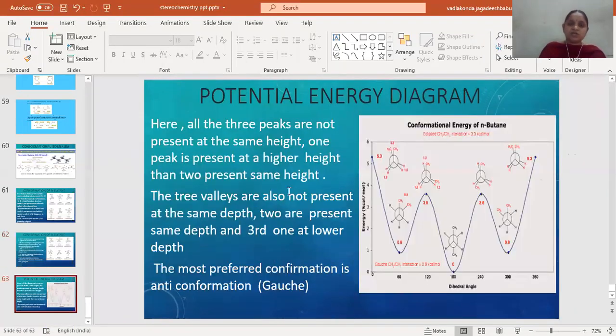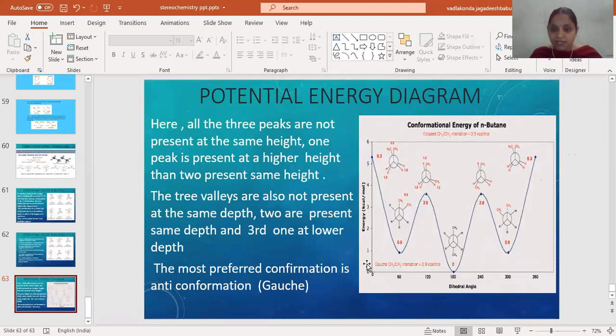Now coming to the energy diagram of the conformational isomers of n-butane, we have a total of 6 isomers. The first and seventh ones are the same. The first one is the eclipsed form, where the two front and back carbon groups are at 0 degree angle separation, so that has very high energy.